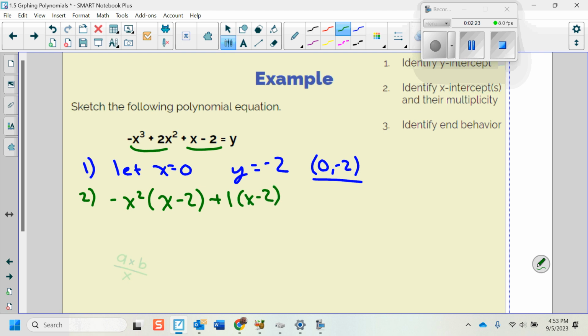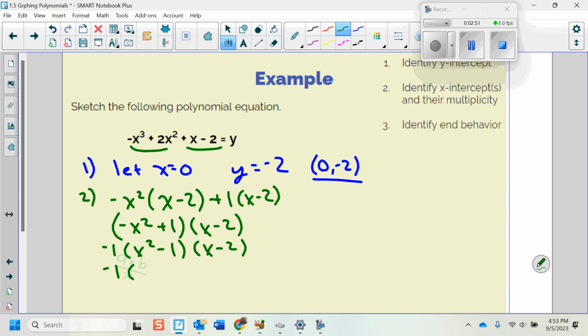This got messy a little bit. I have -x squared times (x minus 2) plus 1. I'm going to take a -1 out of there and get x squared minus 1, times x minus 2, with that -1 being outside. So right now I have (x minus 1)(x plus 1)(x minus 2).